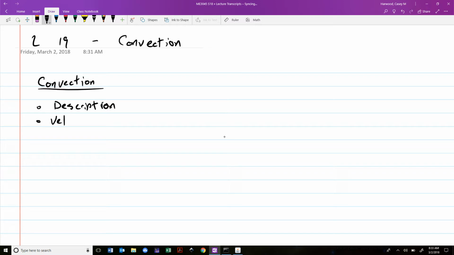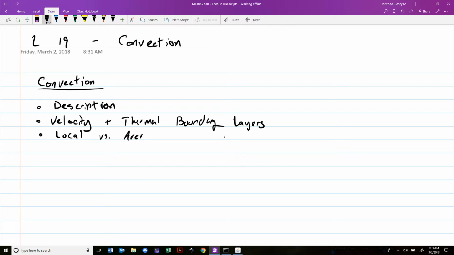We'll talk about velocity and thermal boundary layers. And we'll go into the difference between local versus average convection coefficients.